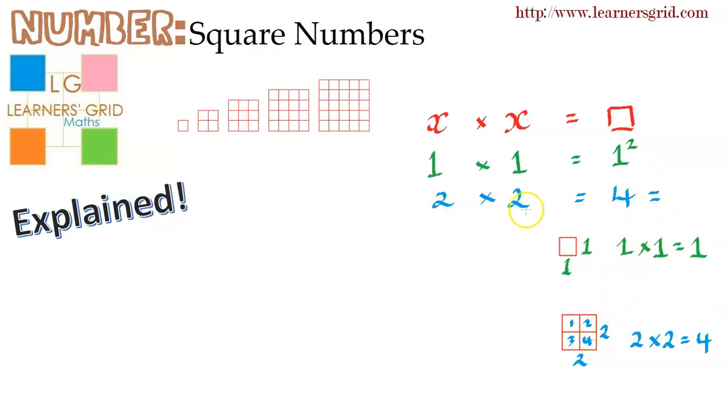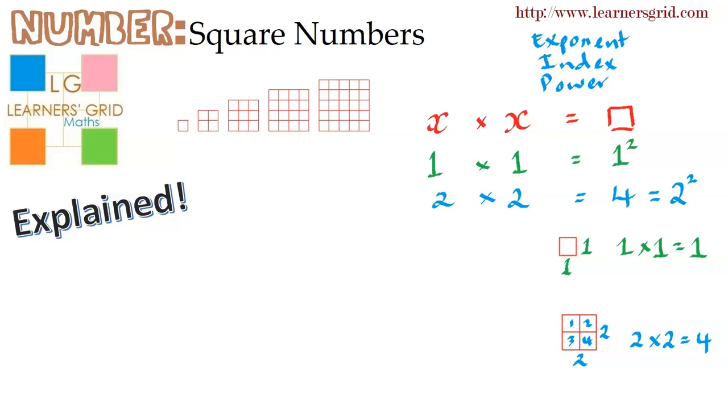And we can represent 2 times 2 by saying 2 squared, because this is what we call an exponent or an index or a power.